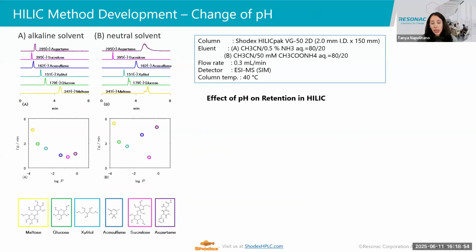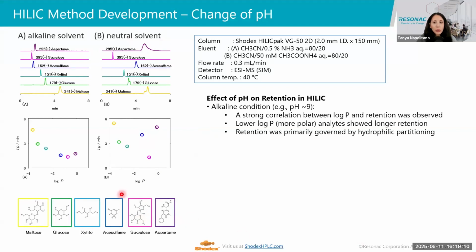So next, let's talk about how pH influences retention in HILIC. We tested the same set of sweeteners under different pH conditions, alkaline and neutral, on a Shodex VG50. So at alkaline pH, we observe a strong correlation between the log P and the retention time.